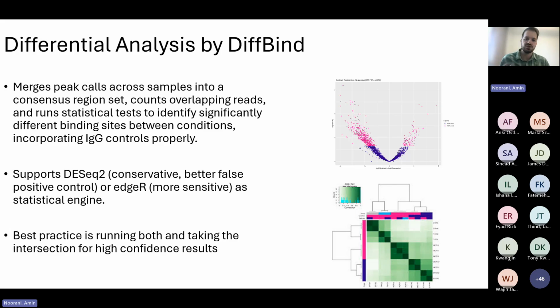It's the default one, but edgeR is more sensitive, though with many more false positives, as I experienced. But you can test both of them and see what peaks are shared between both methods, and maybe they are the ones that you're looking for. Sometimes the result is so good that both methods capture those differentially accessible regions or binding sites.